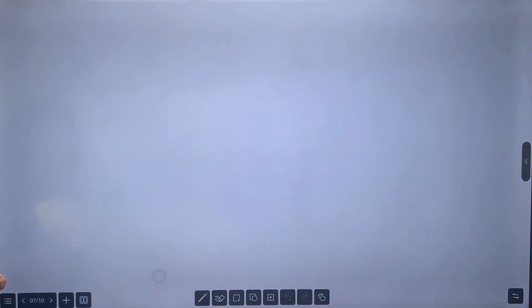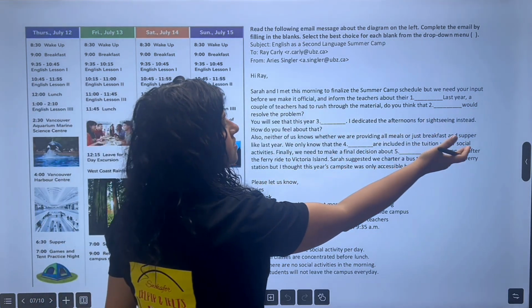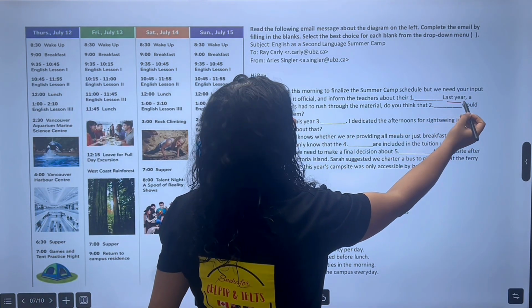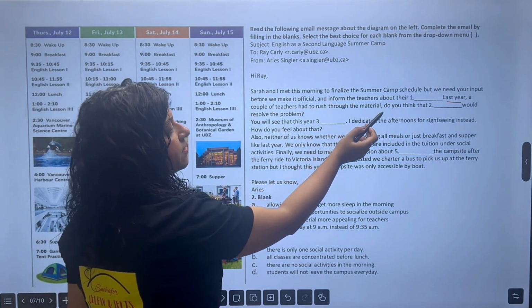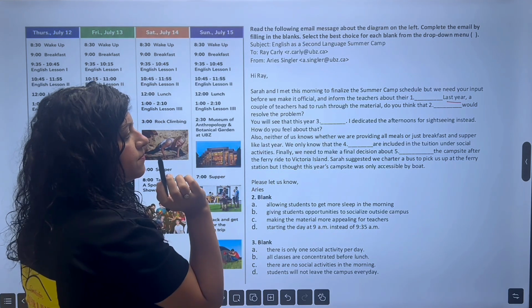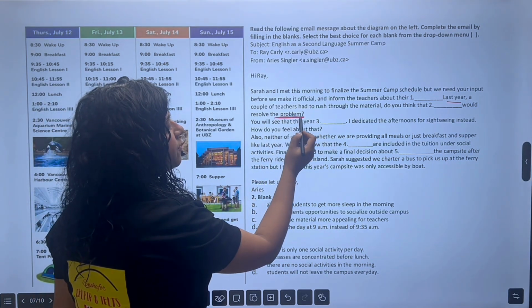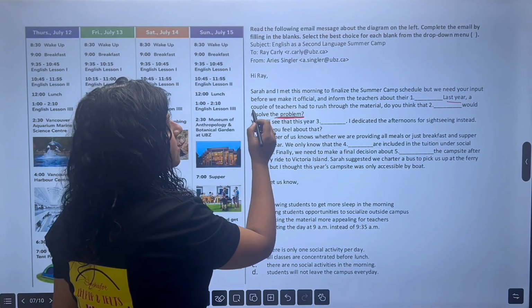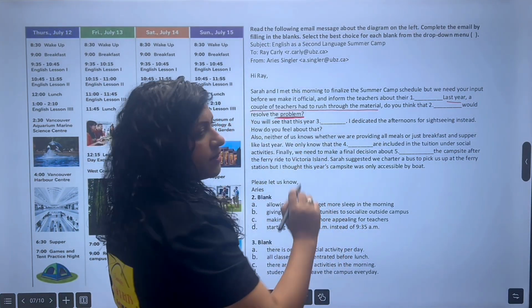Now coming to question number 2, the text further says, last year, a couple of teachers had to rush through the material. Do you think that dash would resolve the problem? So here, what is the problem that Aries is referring to? The problem is that a couple of teachers had to rush through the material.